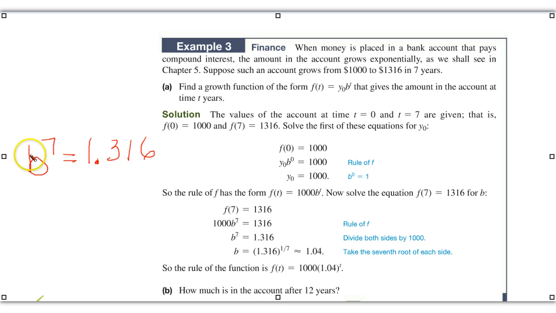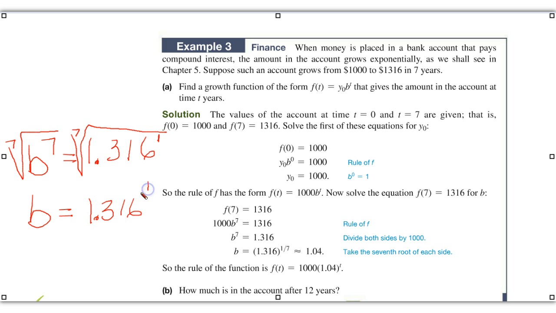Well, one way to do it would be to take the 7th root of this side and the 7th root of that side. The 7th root of anything that's to the 7th power is just b. And then you might say, well, how can I put that into my calculator? Well, you might remember that there's an exponent here of 1. And to convert from radical expression to fractional exponents, this becomes 1.316.